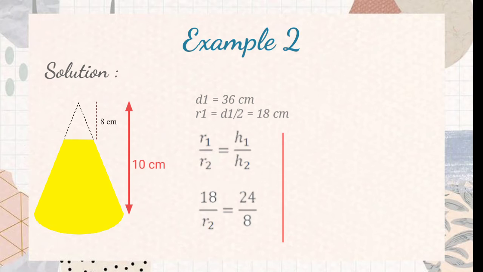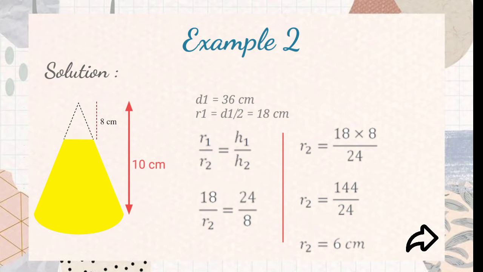Then R2 equals 18 times 8 over 24. So, the radius of the small cone is 6 centimeters.